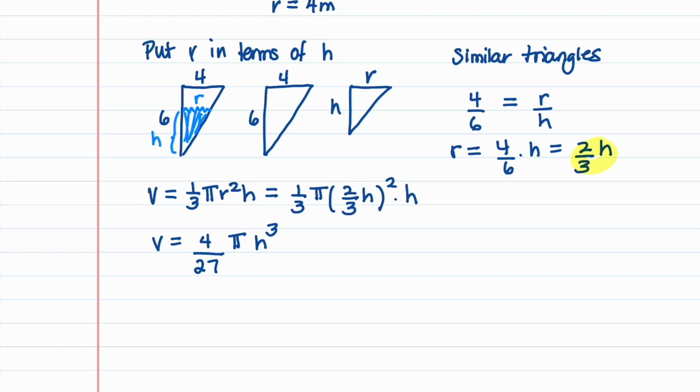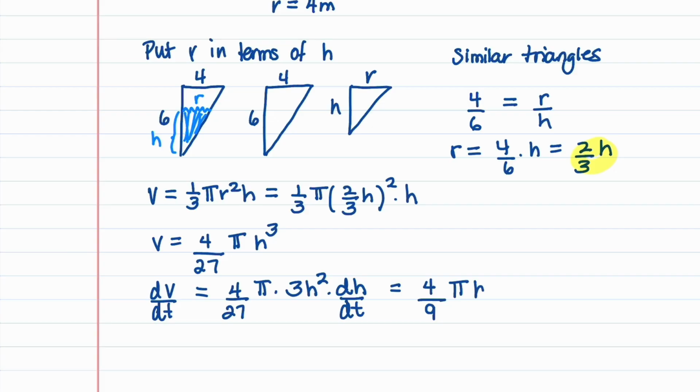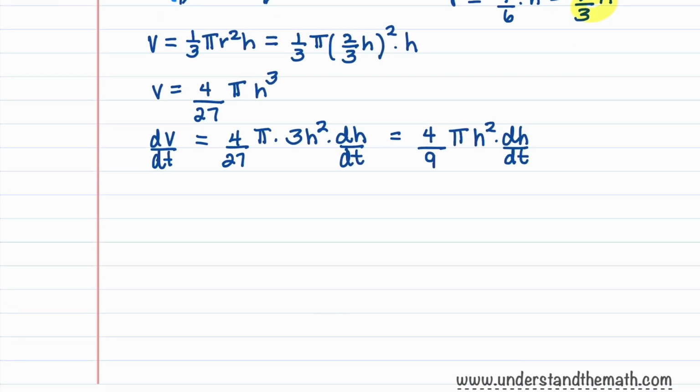Now we can take the derivative. We have dV/dt on the left, and on the right, we have 4/27 pi times 3h squared times dh/dt. Let's cancel that 3 out. This then is 4/9 pi h squared dh/dt. Now let's think about what we want to find.